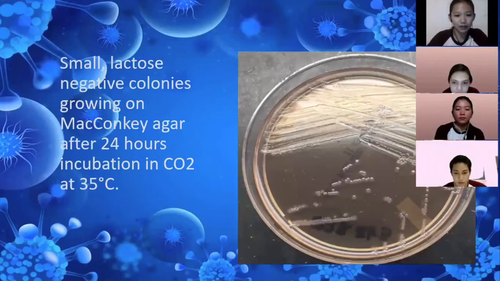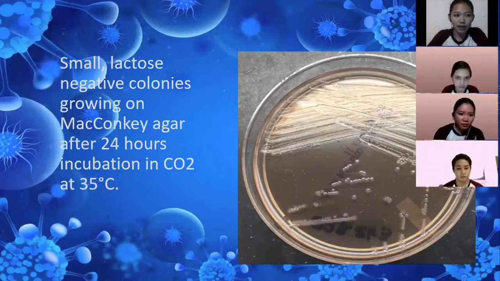Salmonella typhi is an aerobic bacterium which grows best in the presence of oxygen, and it is also a facultative anaerobic organism, which means that it can also grow in a low oxygen environment.